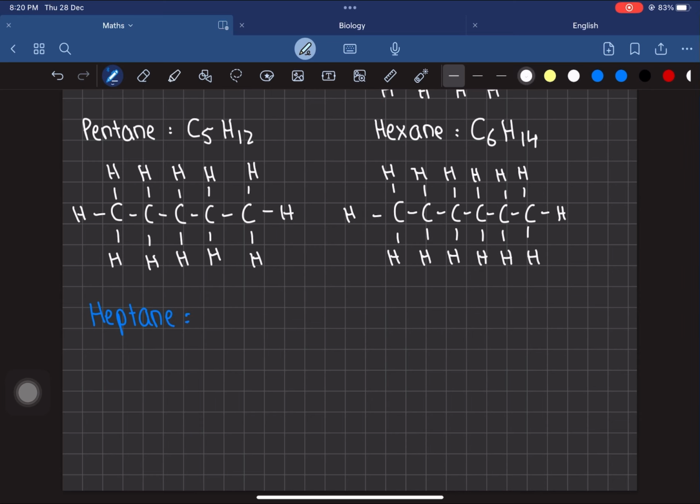For heptane we have C7, 7 2s are 14, plus 2 is 16. So this will be needing some more space. So 1, 2, 3, 4, 5, 6, 7. And finally the bonds.